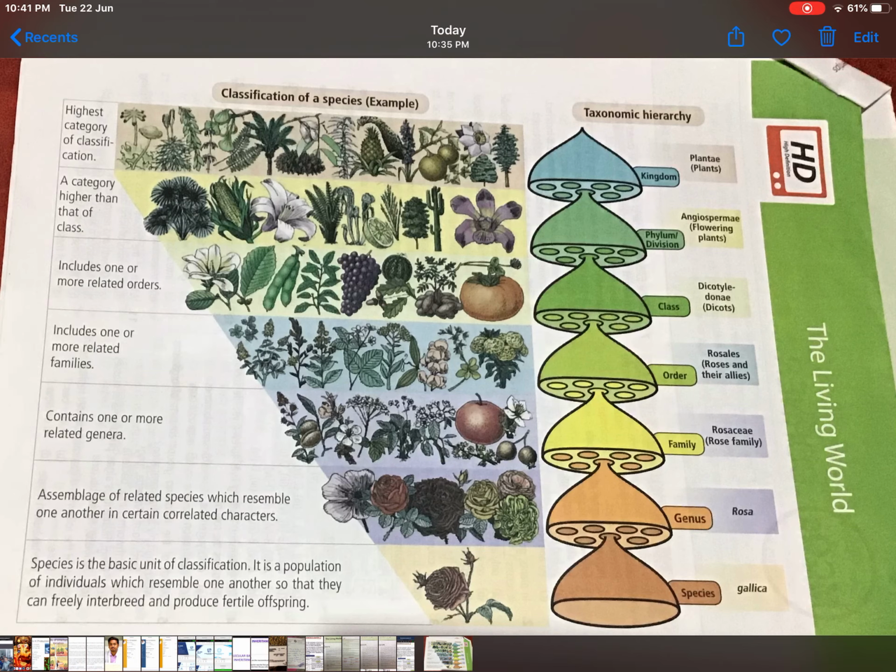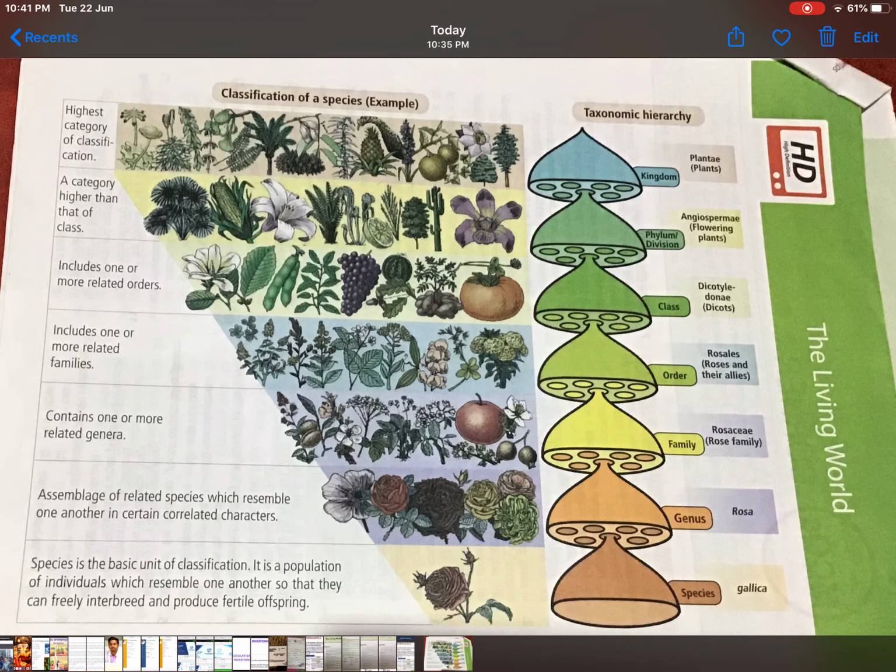The taxonomical hierarchy consists of various steps in a ladder, starting from species to kingdom. It terminates at kingdom, and we say this is ascending order. Sometimes we can also write in descending order. We start off with kingdom, the highest taxon in a taxonomical hierarchy, and come down to species level, whichever is convenient to us. So here I am giving an example of rose.